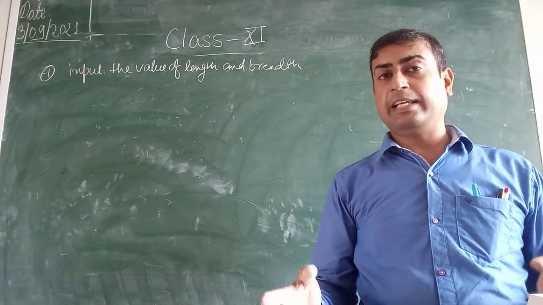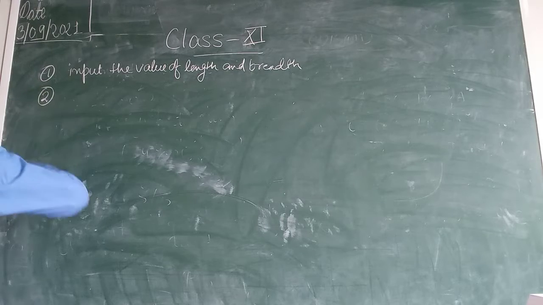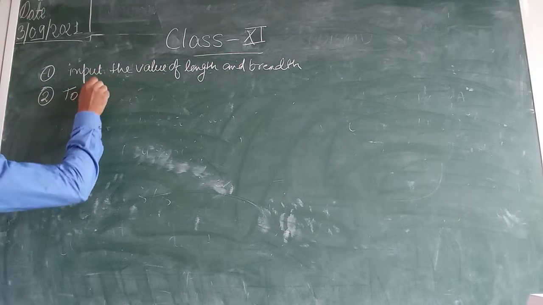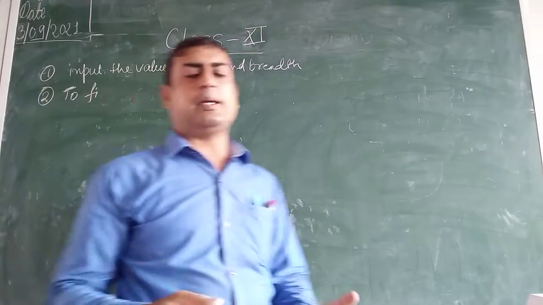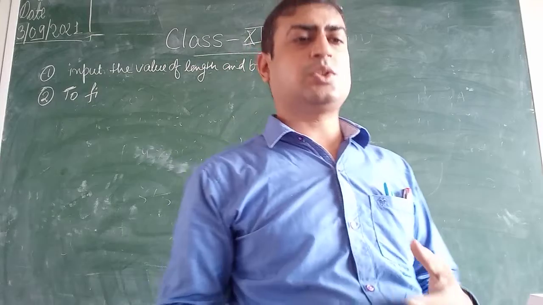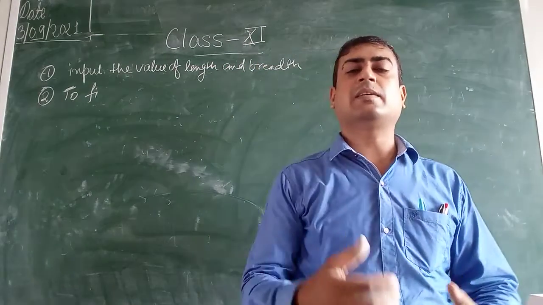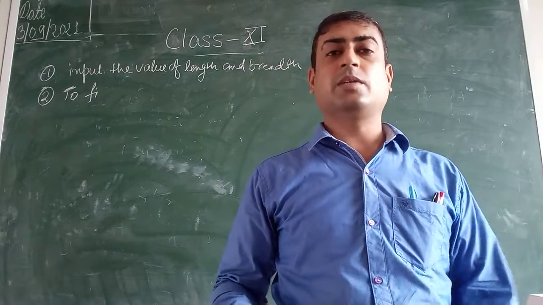Now to find the area, number 2. You can write this program through user's choice, that how user wants to find the value. He wants area or he wants perimeter, what you want.